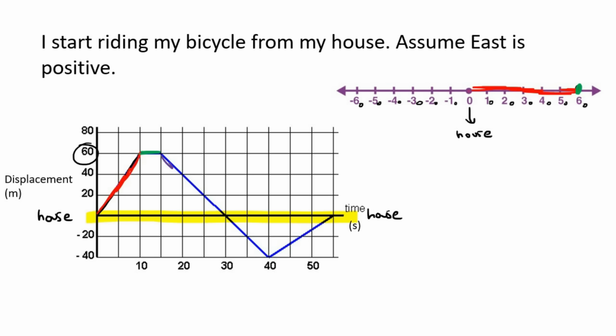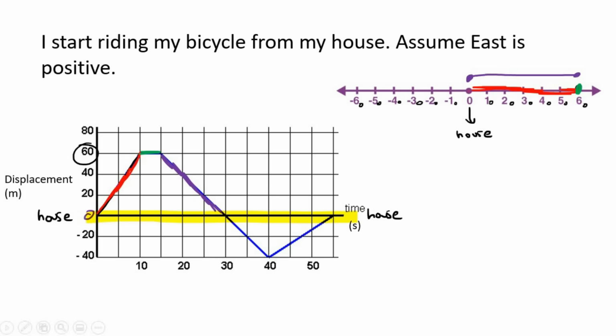Then for this part here, can you see that we are coming back towards the house? Because this is the house, remember? And you can see that at this point here, the displacement is 0. So that means we're not away from the house, we're at the house. What that would look like on our graph is that we came all the way back to the house.